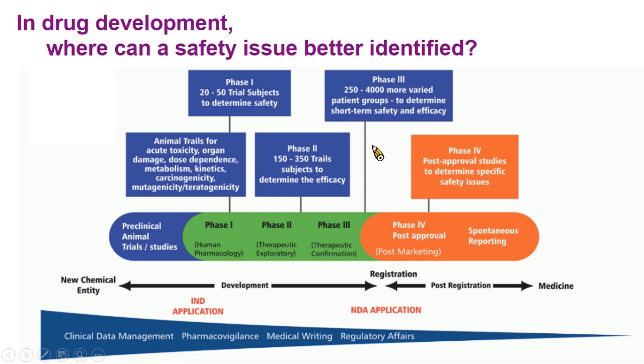But then, after clinical phase 3 is done, if a drug has no very serious issues, it may be approved by the FDA or other official institutions, and then the new drug application is done. But after that, you may have heard about phase 4. Phase 4, what is that for?